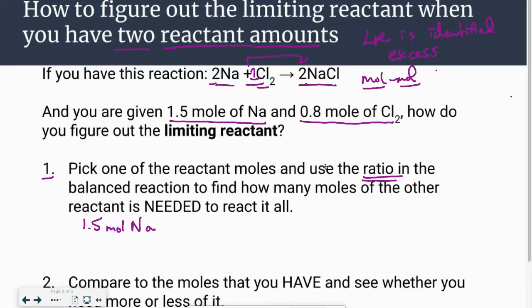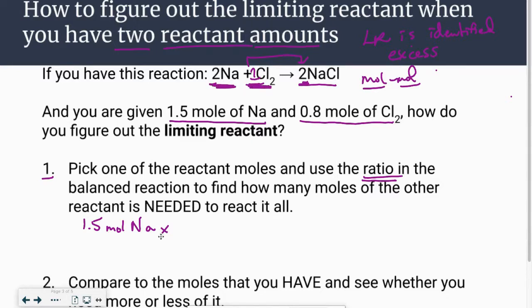Whenever we're changing between moles of one substance to moles of another substance in the reaction, we use the ratios given by the coefficients.